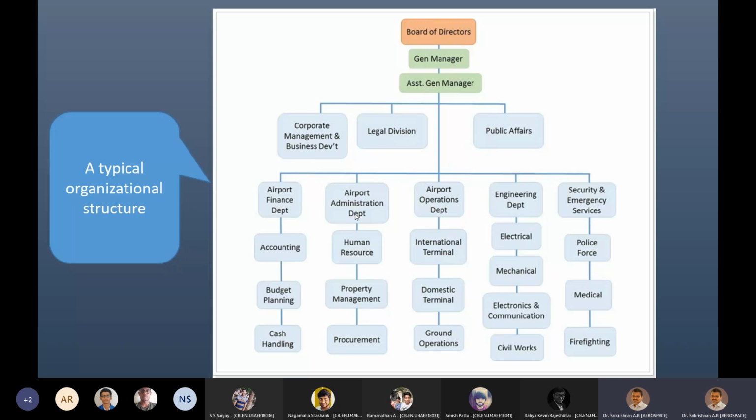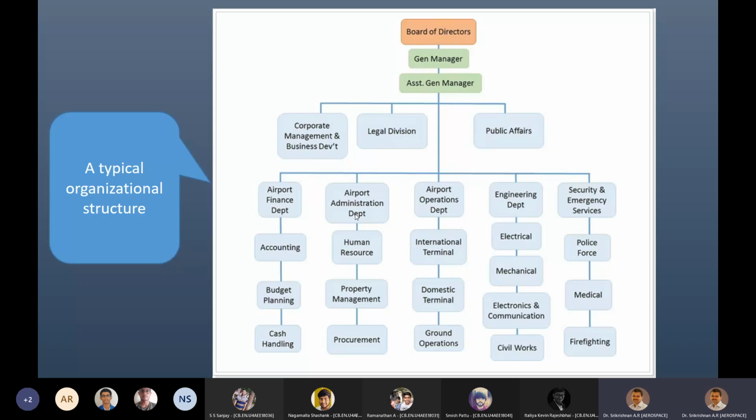So this is just a typical organizational structure. It may belong to one particular airport. It's not that every airport has to follow the same structure. This is just to give a look and feel of how diverse it could be, or what could be the general nature of airport organizational structure.